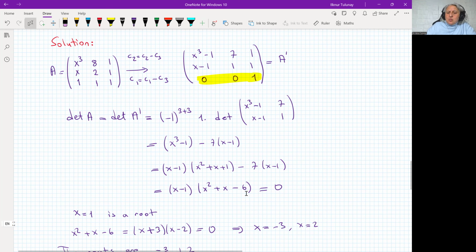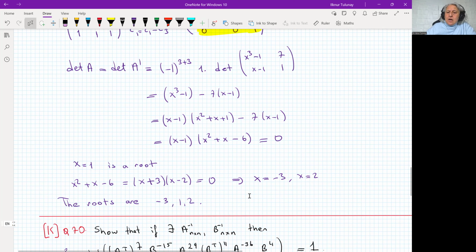And this polynomial can be factorized as x plus 3 times x minus 2. So the root with respect to this factor is 1. The roots with respect to this polynomial will be x equal to minus 3 and x equal to 2.